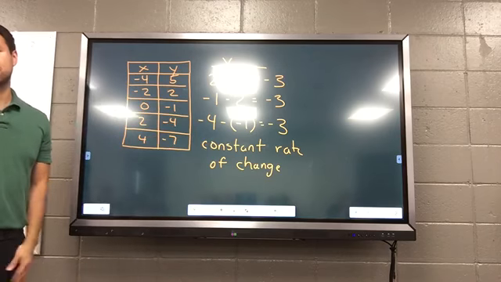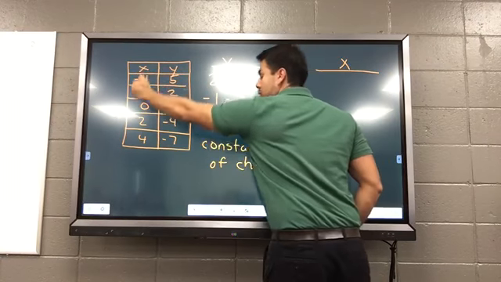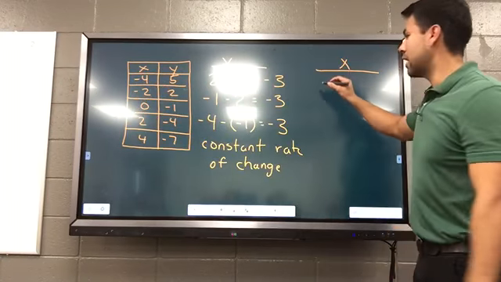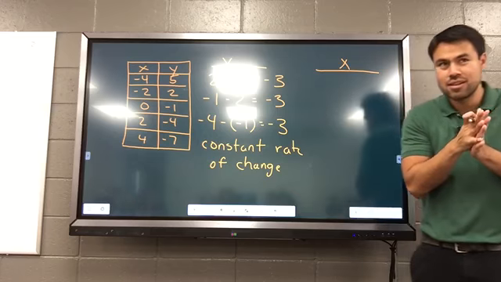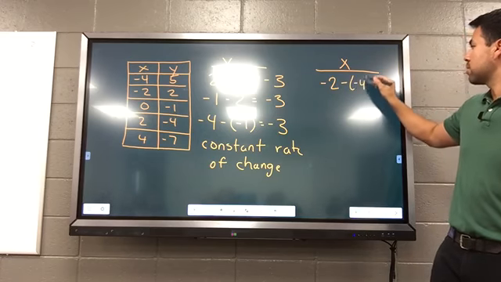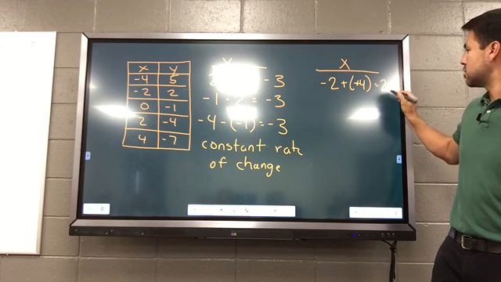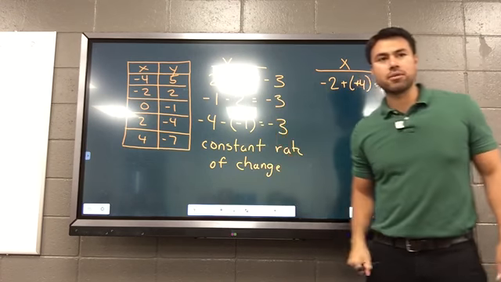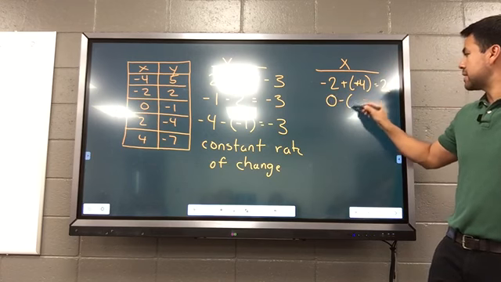What about those x's? Let's look at the x column. Can someone tell me the first one I do to figure out if it has a common difference? Negative 2 minus negative 4. Does anyone know what that would get me? Good, positive 2. What's the second problem I would do? Sophie? 0 minus negative 2.